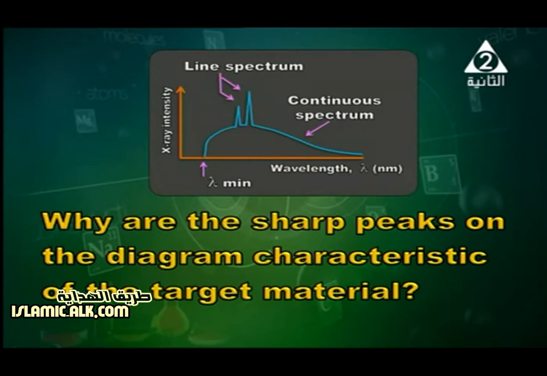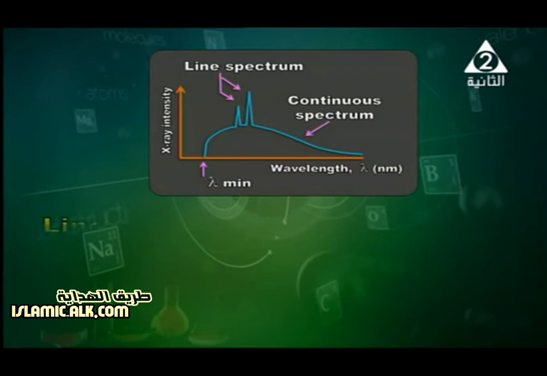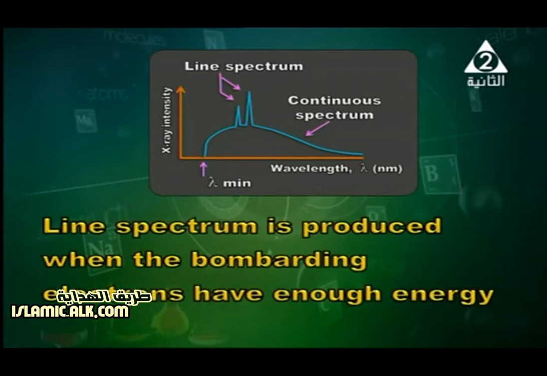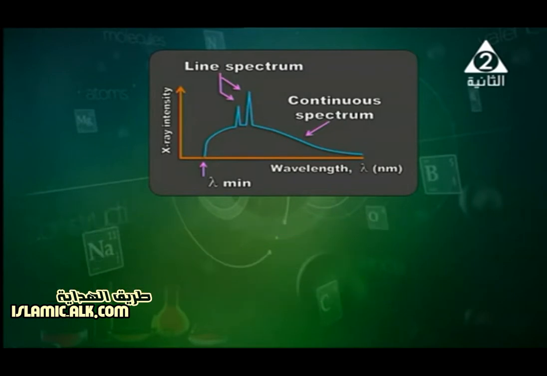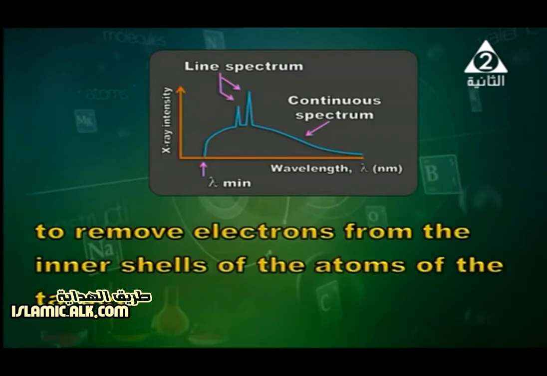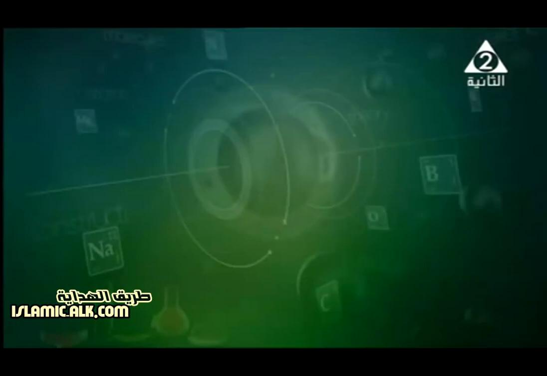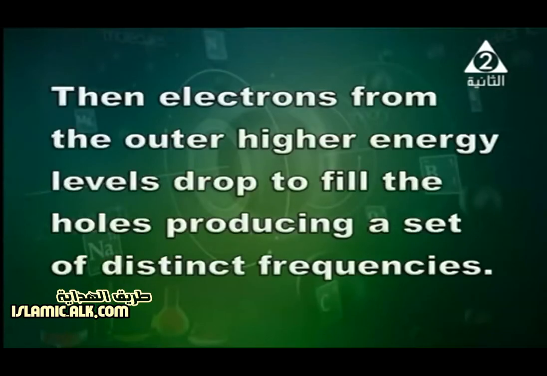So why are they characteristic of the target material? The line spectrum is produced when the bombarding electrons have enough energy to remove electrons from the inner shells of the atoms of the target. And what happens next? Then electrons from outer higher energy levels drop to fill the holes, producing a group of distinct frequencies.